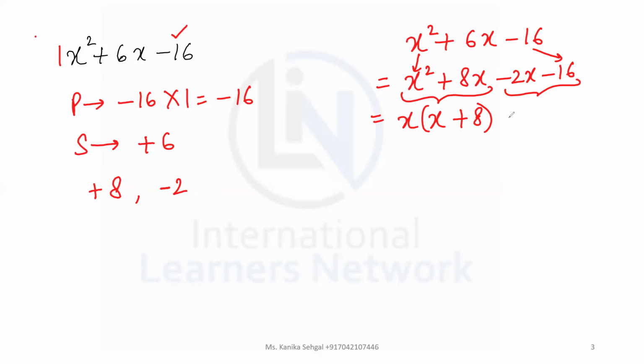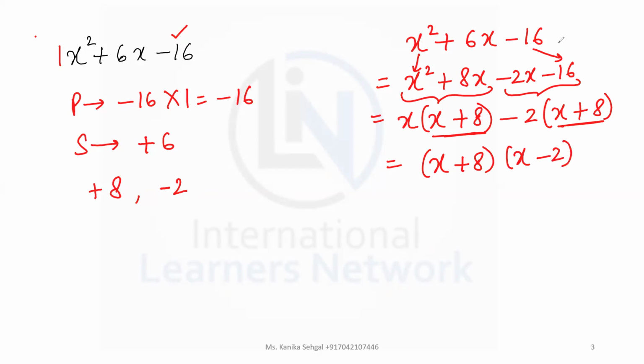So in this case, we will be taking minus 2 common so that we are left with x plus 8. Both the terms were negative here. We have taken negative outside, and now the signs inside have got reversed. So both of them have become positive. Now we have this x plus 8 common that can be taken outside, and we are then left with x minus 2. So we can factorize this and write it as x plus 8 times x minus 2.